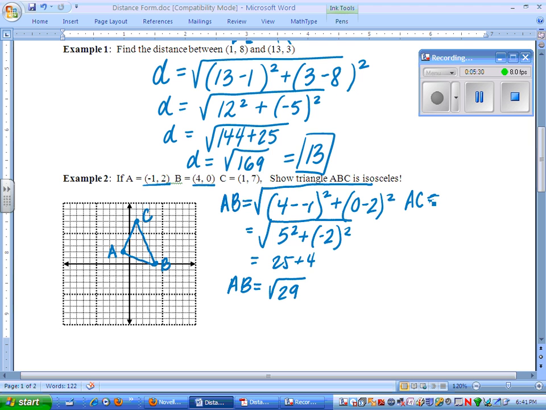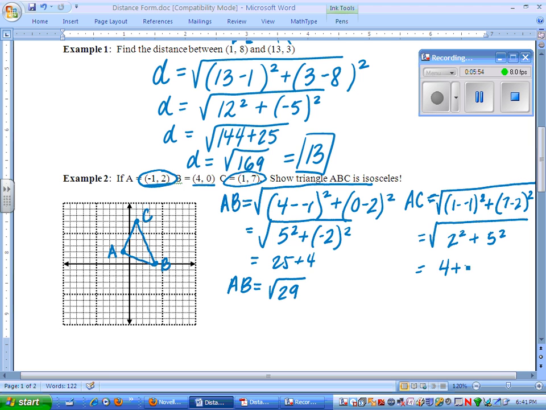I'm going to take the square root of now these two. So I'm going to do 1 minus negative 1, quantity squared, plus 7 minus 2, quantity squared. This brings me to 2 squared plus 5 squared.